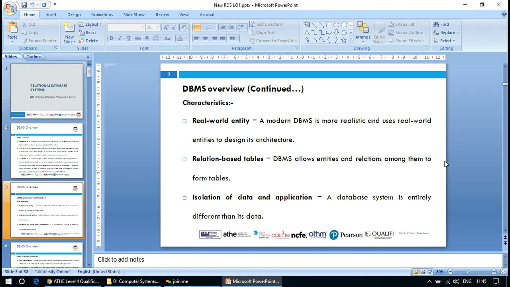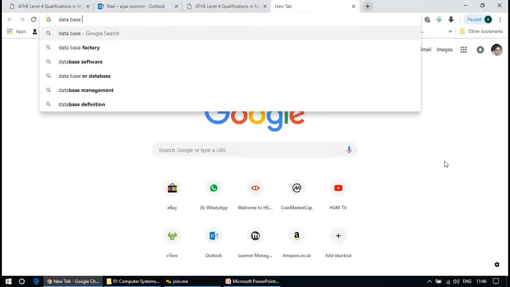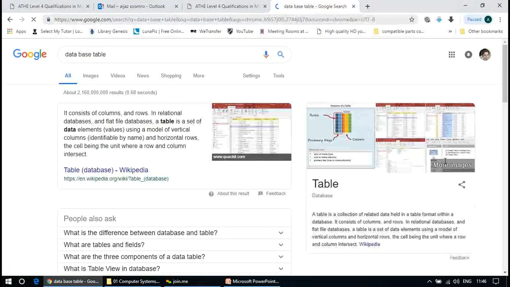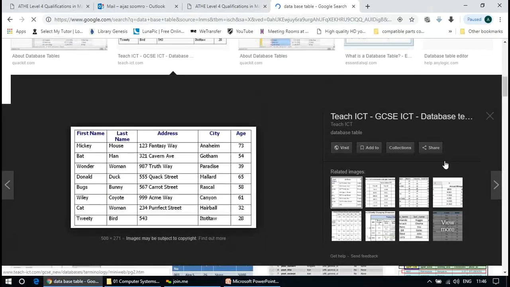You must have seen a table, so you understand what it is. There are certain columns, for example, like this one. If you need to store the first name, last name, address, city and age of lots of people, then you are very easily managing the records of those hundreds and thousands of people in one table, and they are represented with the columns and the rows.